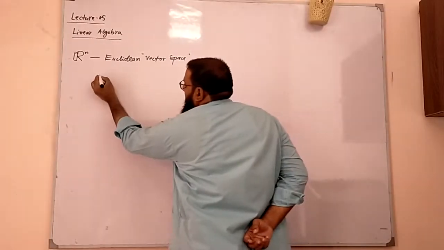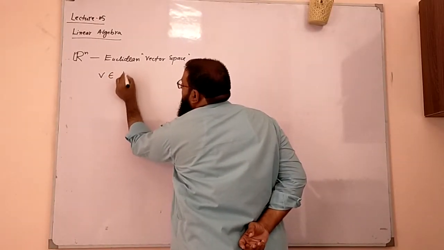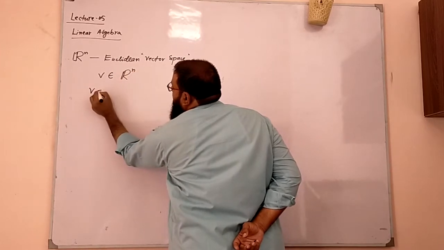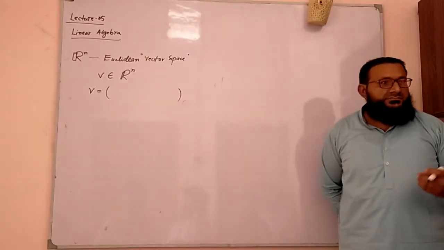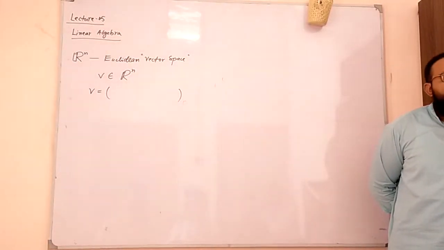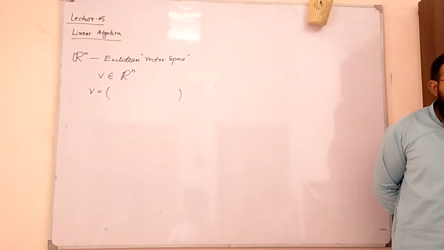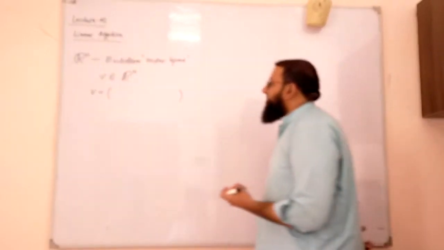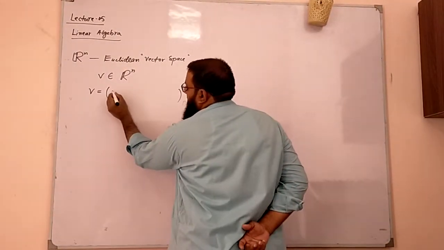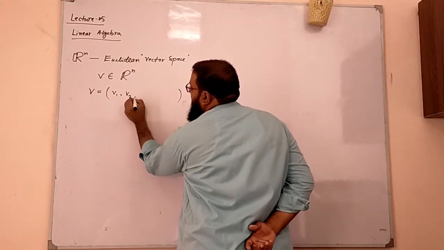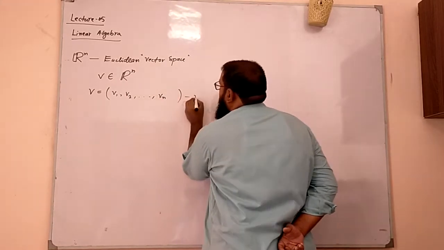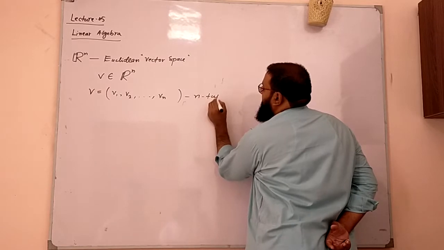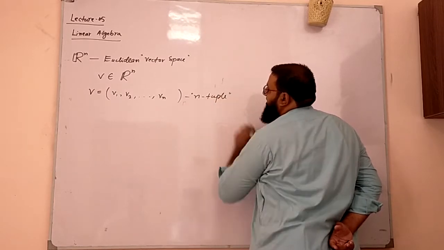So if some V belongs to this Rn, then what is the shape of V? If I take any vector in my vector space Rn, then what is going to be the shape of this particular vector? This is going to be, let's say, V1, V2 up to Vn, and we call it an n-tuple.